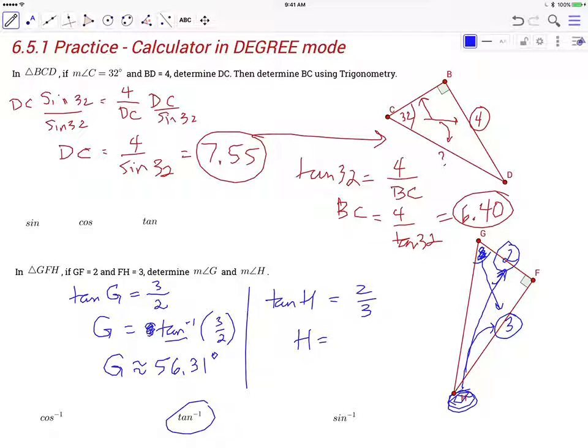H turns out to be tan inverse for the calculator 2 over 3, and tan inverse of 2 divided by 3 is 33.69 degrees. And hopefully you got those two answers.